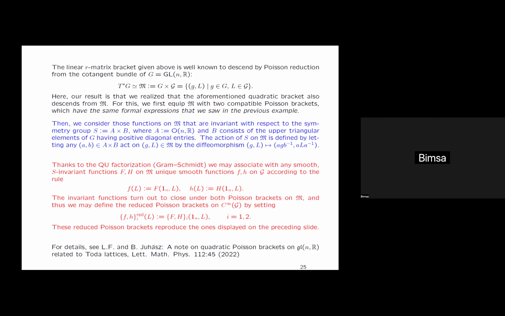And this is well known to be the symmetry group relevant for getting the Toda and Goldfish model, which you heard last week. So it turns out that both of these Poisson structures have the property that the invariant functions close with respect to the natural action of this group, and the orthogonal group acts by right multiplication, and this Borel group. Sorry, the Borel. In that case, the nilpotent group was used. Sorry, I was not precise here.